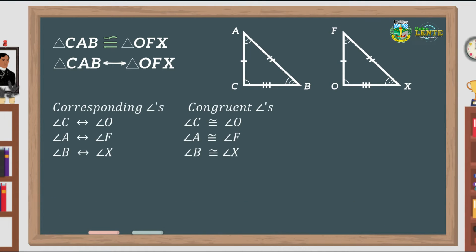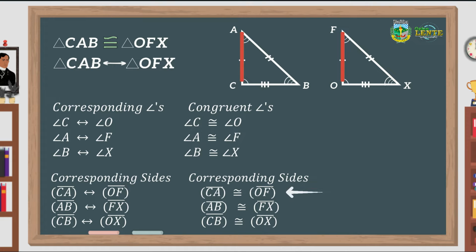So for congruent angles, we have angle C congruent to angle O, angle A congruent to angle F, angle B congruent to angle X. And for corresponding sides, we have side CA congruent to side OF, side AB congruent to side FX, and side CB congruent to side OX.